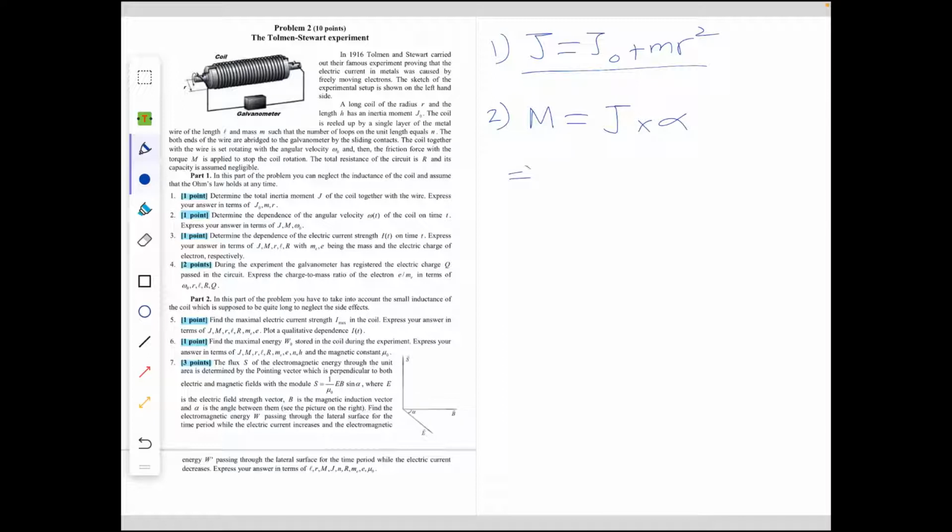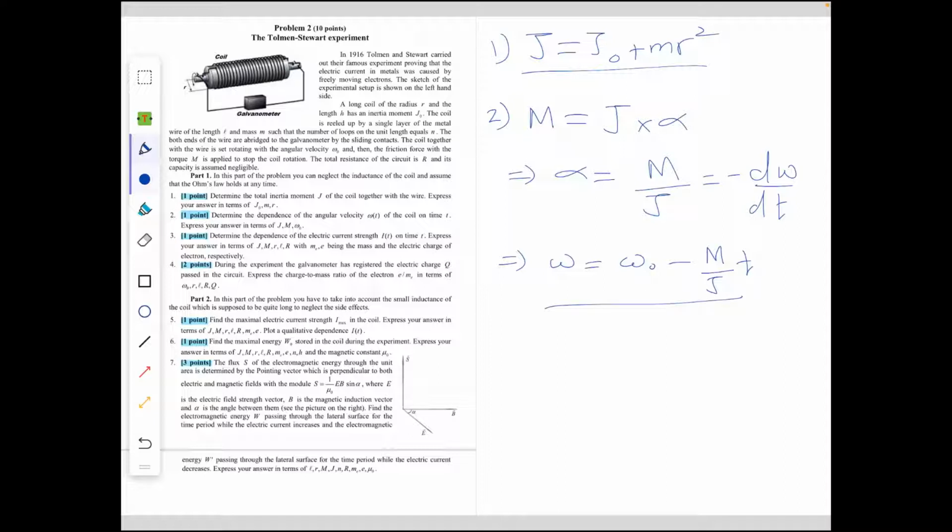So alpha equals M over J equals minus d omega by dt, and integrating, we simply get omega equals omega naught minus M by J times t.